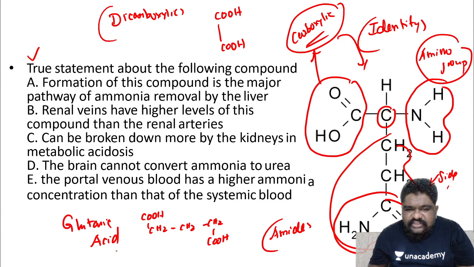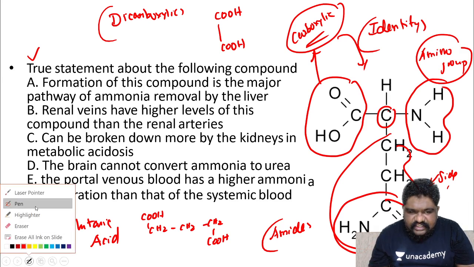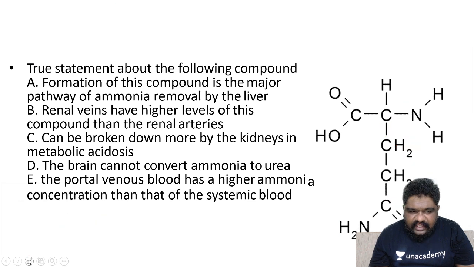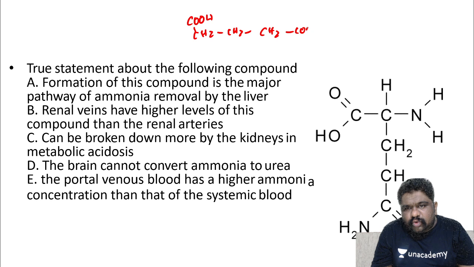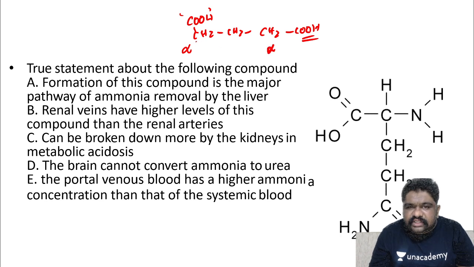Now let me erase all the annotations. COOH, CH2, CH2, CH2, COOH is called glutaric acid. So when I rewrite the same thing here, COOH, CH2, CH2, CH2, COOH, this is a functional group, and this is also an equally important functional group. I can call this alpha, and the other alpha dash.